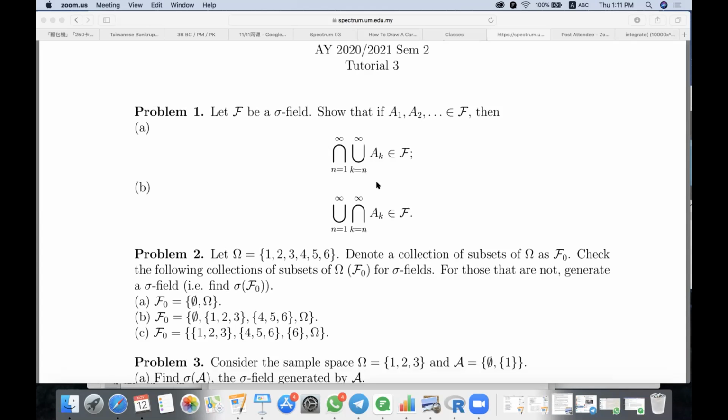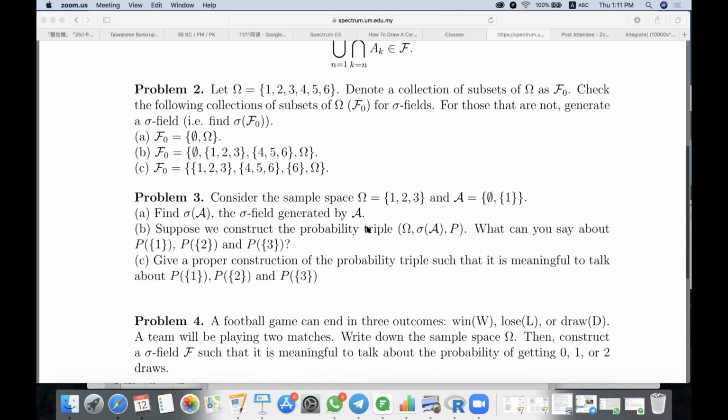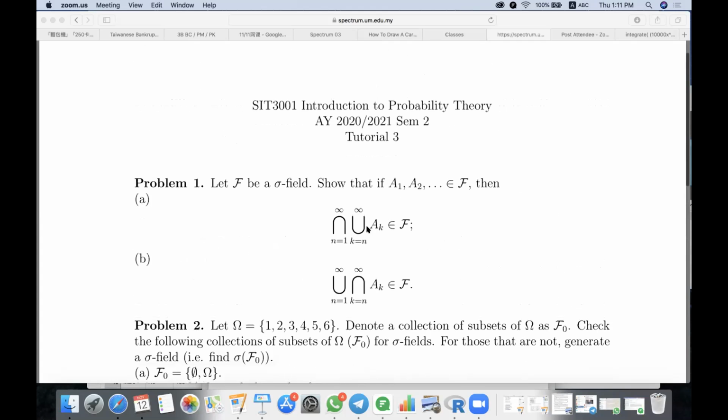So this will test your understanding of what a sigma field is. Okay, 1A and B. Any volunteers?